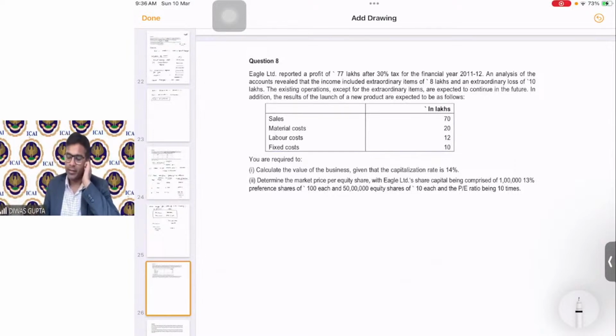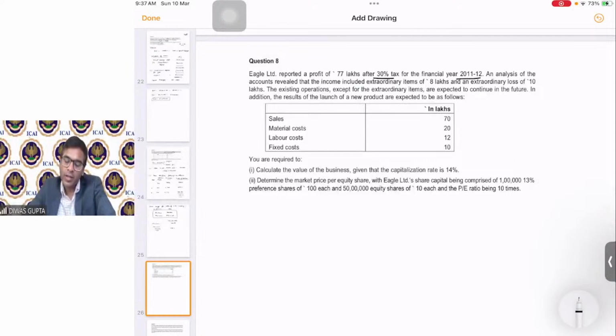Eagle Limited reported a profit of rupees 77 lakhs after 30% tax for the financial year 2011-12. Got it? So what they're saying is there is a company called Eagle Limited that reported a profit, which is net profit after tax, 77 lakhs. 30% is the tax rate and 11-12 is the financial year we are talking about.